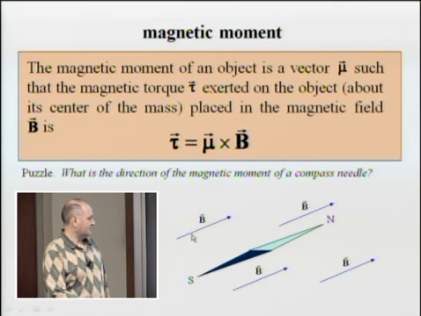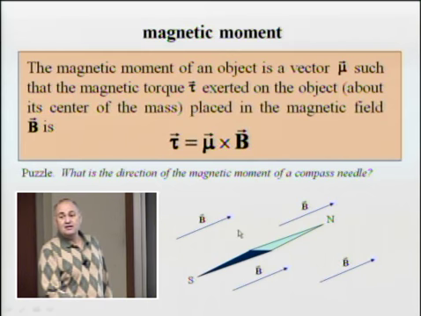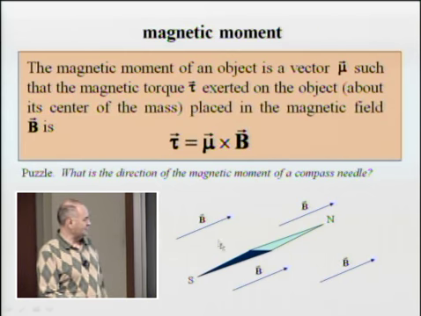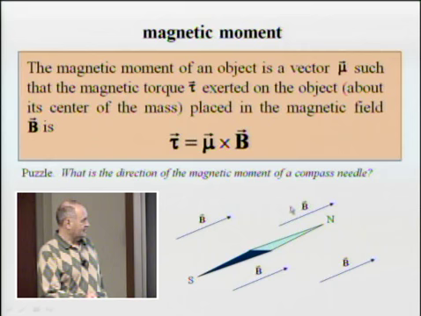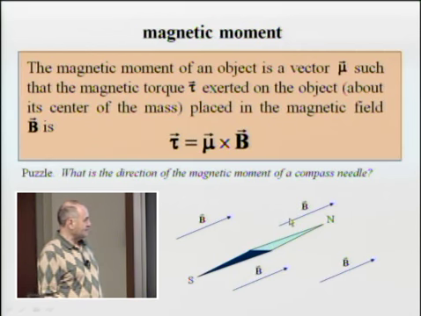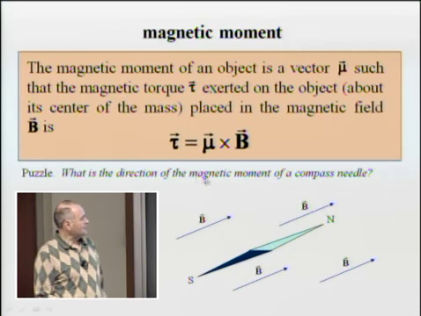Let's say that this magnetic field vector is directed toward the north here in Kansas City. Well, this is how the needle would align. It will indicate with the north pole, it will align itself also in the same direction. So figure out what is the magnetic moment of a magnetic needle.